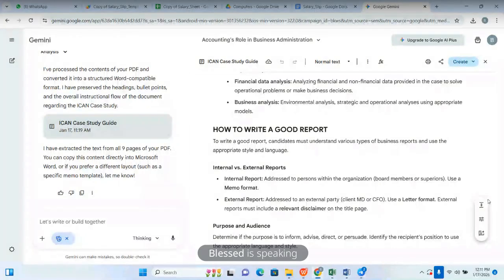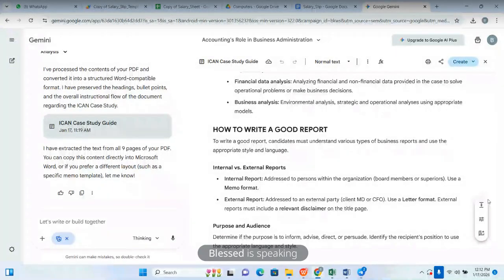Now, let me say something touching on this. When a company employs the service of a chartered accountant or of a firm, we write an external report. Are we together? Yes. So let's say that in your exhibit or your pre-seen, you are an audit trainee in a chartered accountants' firm.